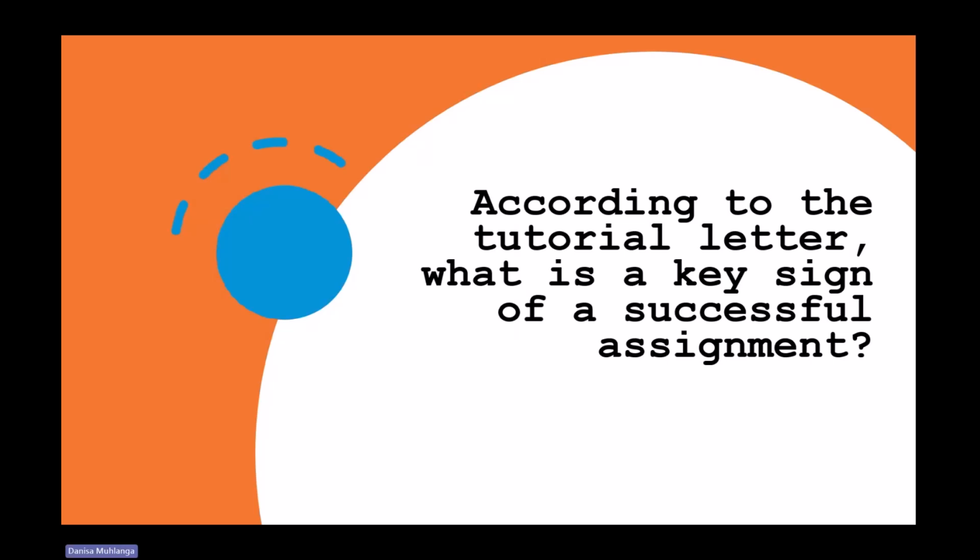So a key sign of a successful assignment is that you show what you have done, right? And you should also show your understanding of the required reading. You cannot do an assignment without reading, right? You need to do proper reading for each and every topic you are given.